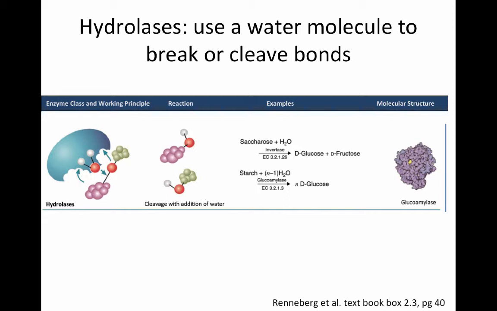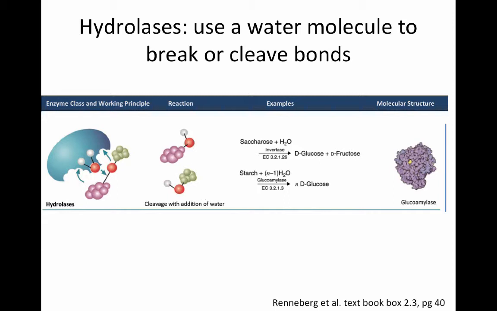And those fit into, in this case, a very complex active site into this enzyme with oxygen sitting in the middle. And then when this enzyme folds around them to create this reaction, the water molecule is used to actually break the bond between these two sugar groups and cleave them. So our substrate is saccharose. We use a water molecule, which would be a coenzyme because it also is broken up in this process. And our products are glucose and fructose.